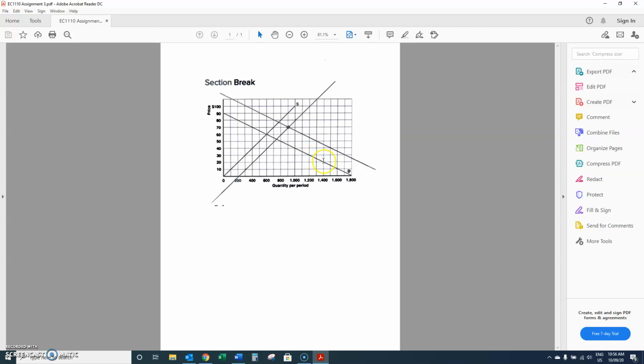Say we started right here. We're at 1200. It increases by 500. Each square is 100, so if we're here, we go over 100, 2, 3, 4, 5, and it's going to be right here at 1700. At that point, I put a little dot.